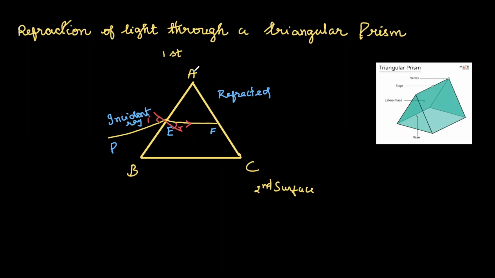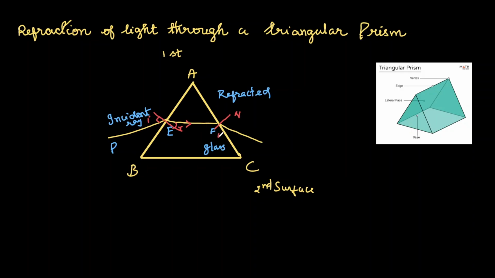Again, it reaches the surface AC. When it is emerging out of AC, the light is traveling from the optically denser medium, glass, to the rarer medium, air. So again, it bends away from the normal.